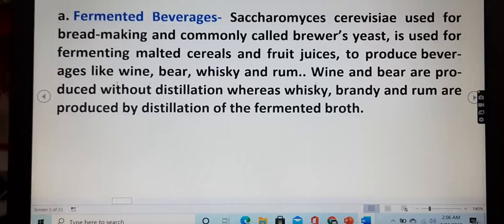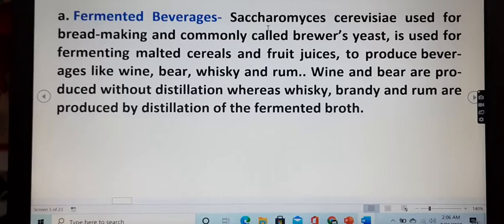There are two types of beverages, fermented and non-fermented. Fermented beverages are of two types, distilled or undistilled. First of all, Saccharomyces cerevisiae, this is the fungus used for bread making and commonly called brewer's yeast.